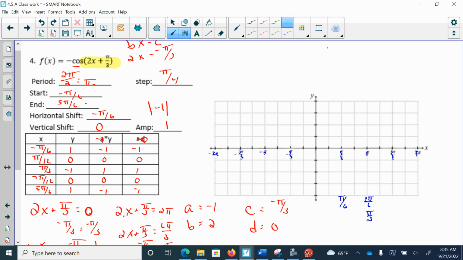That makes each line pi/12. So each time I count, it's going to be 1/12. So that's 1pi/6, 2pi/6, this would be 3pi/6, which will be pi/2, and then this is 4pi/6, which will be 2pi/3.